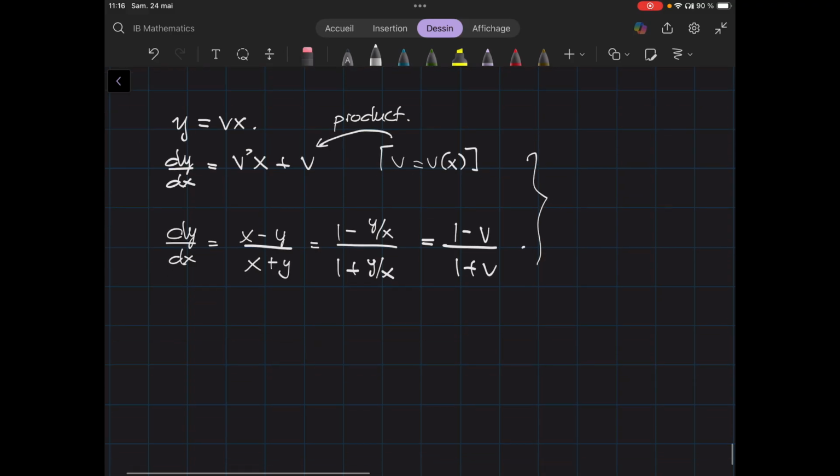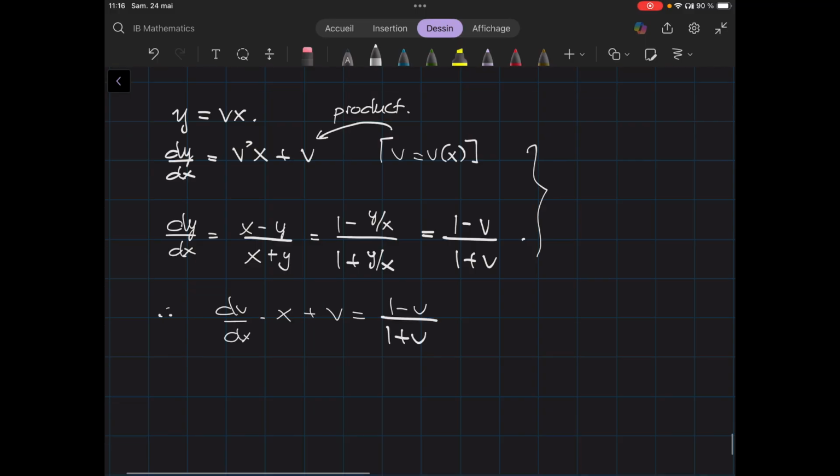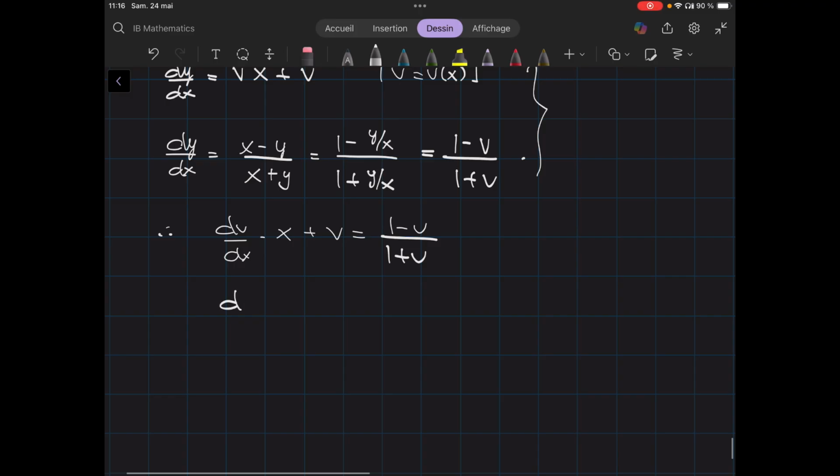Equating the two, dv over dx times x plus v is equal to 1 minus v over 1 plus v. I am going to isolate this term.